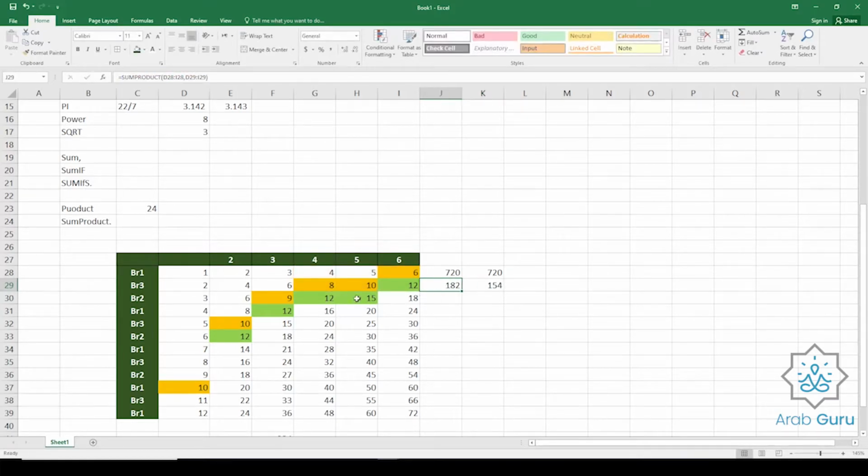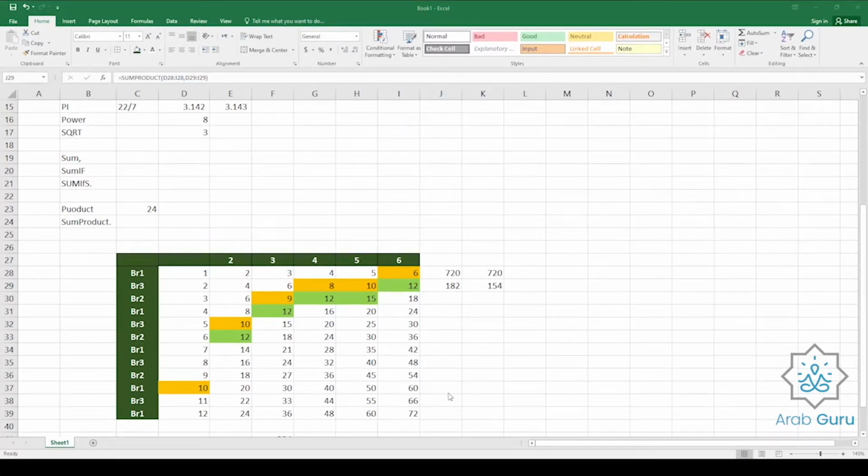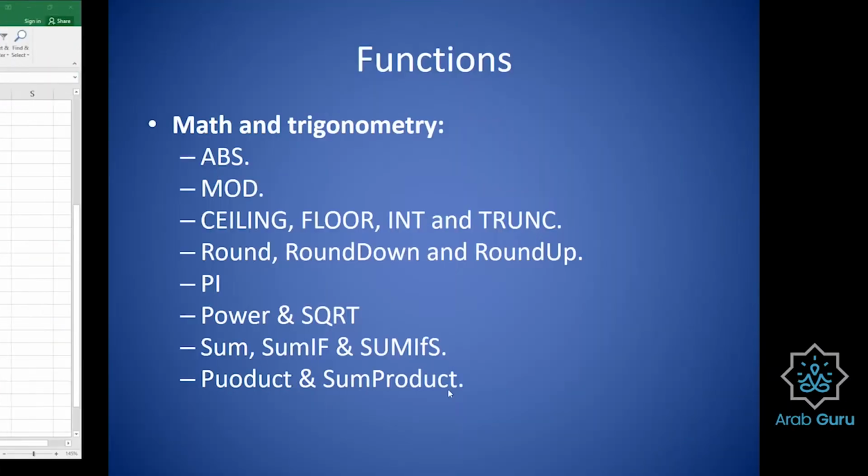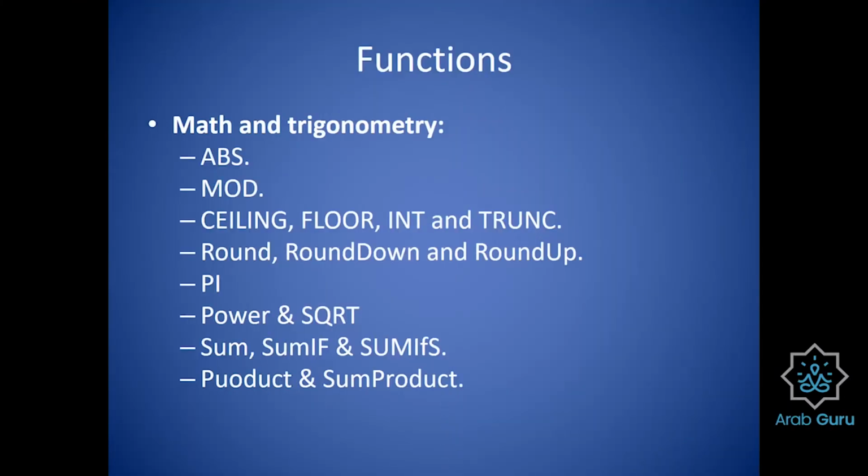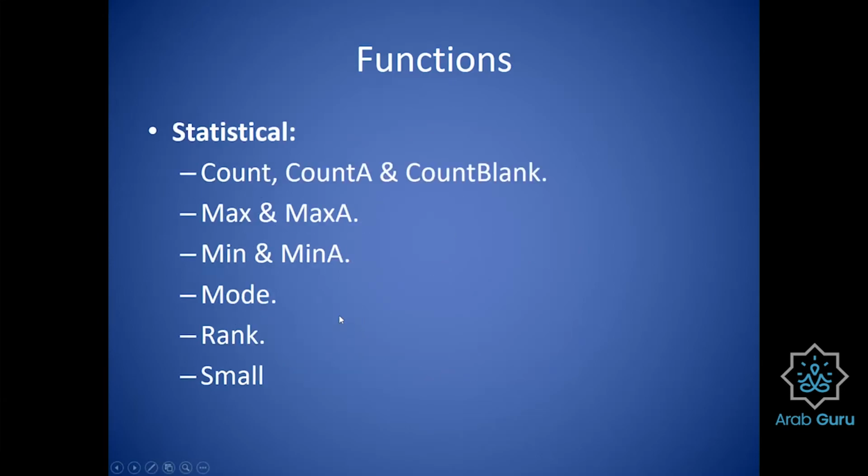I can just highlight the two ranges and it will multiply each two cells together and add them to the next multiplication and so forth. Okay, that's it for this.